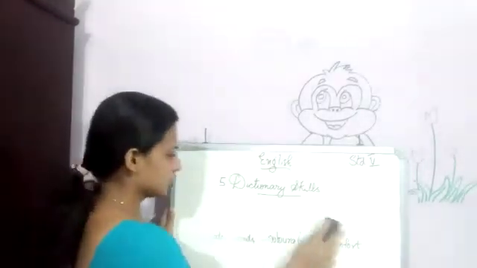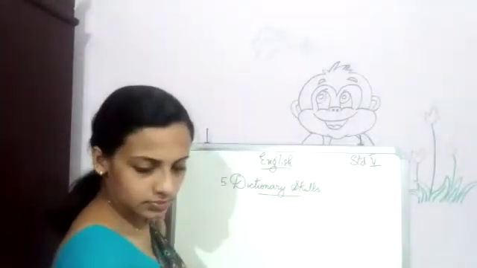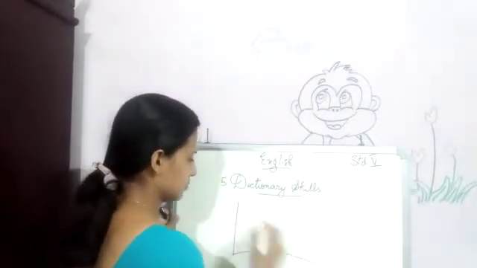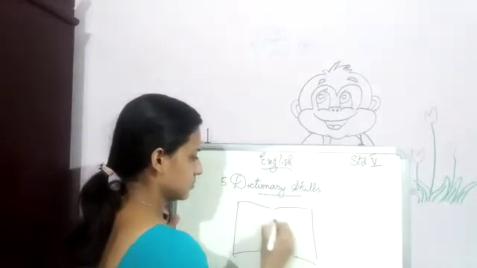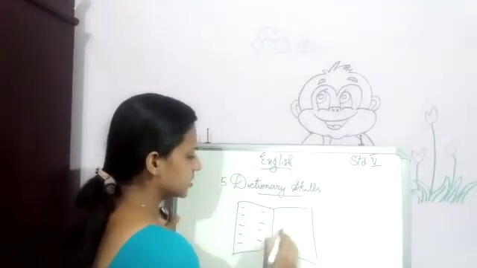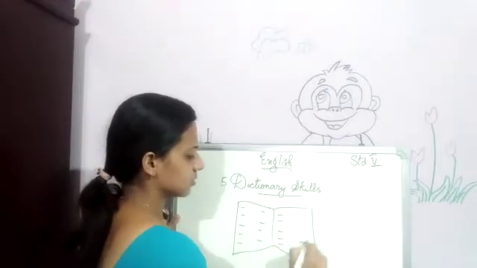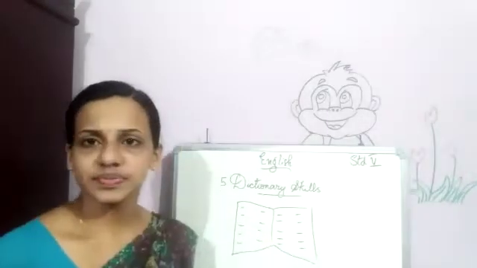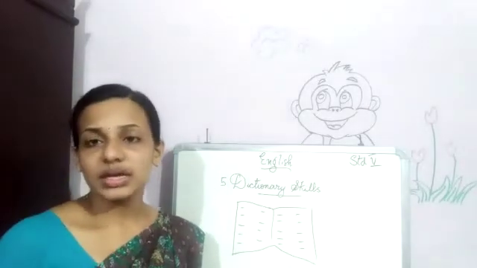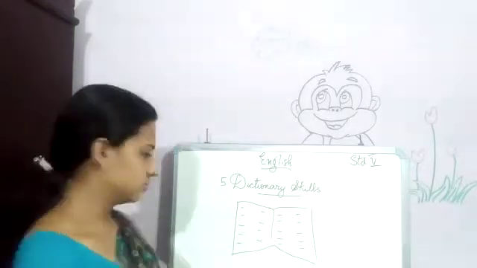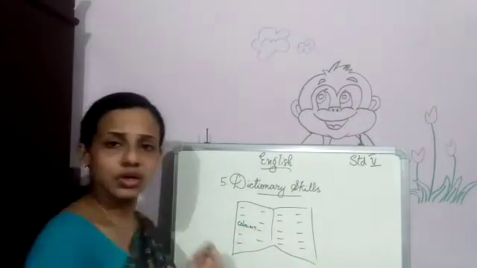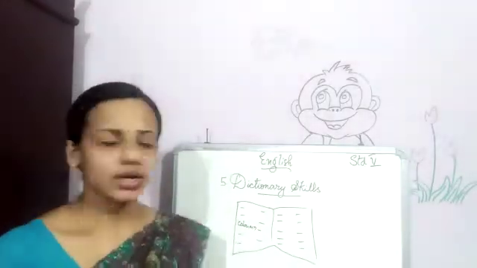So I'll show you. When we open the dictionary, the words are given like this, like a book. We want the meaning of column. It is given somewhere here.